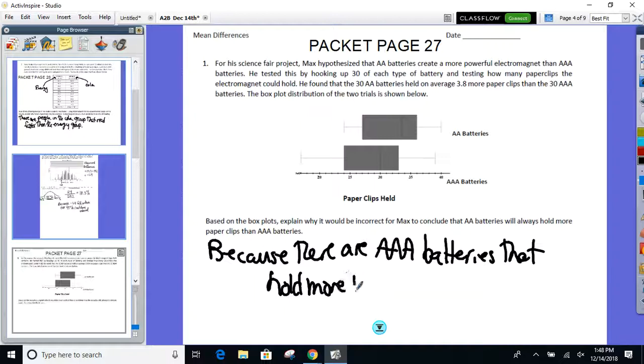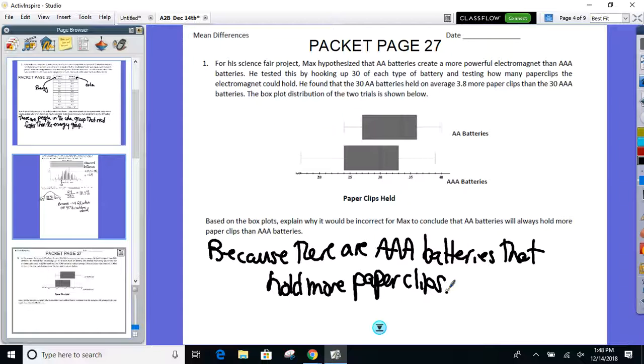But on average, if you read the problem, the AA batteries do hold more, but is that because of the batteries or just by some random chance?